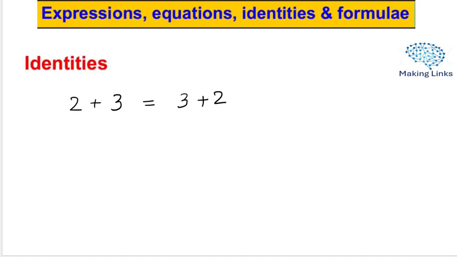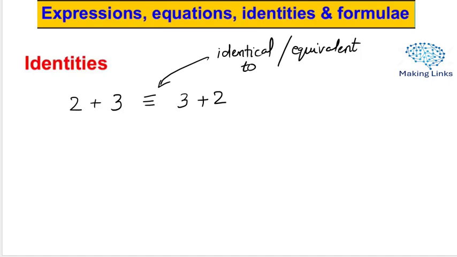So we have to use a different sign here, and this is identical or equivalent. 2 add 3 or 3 add 2, both are giving you the same result, identical to or equivalent.